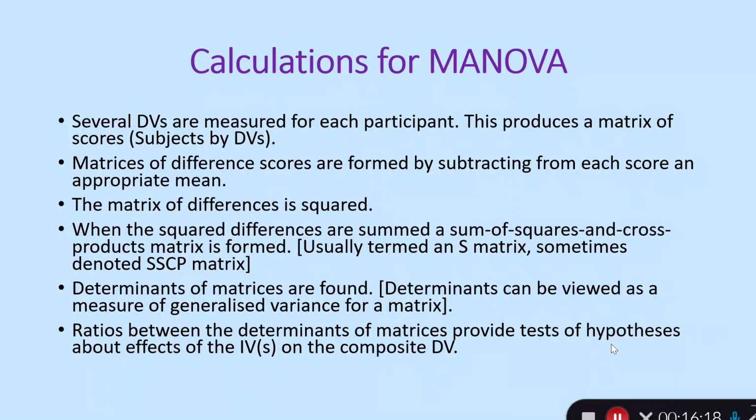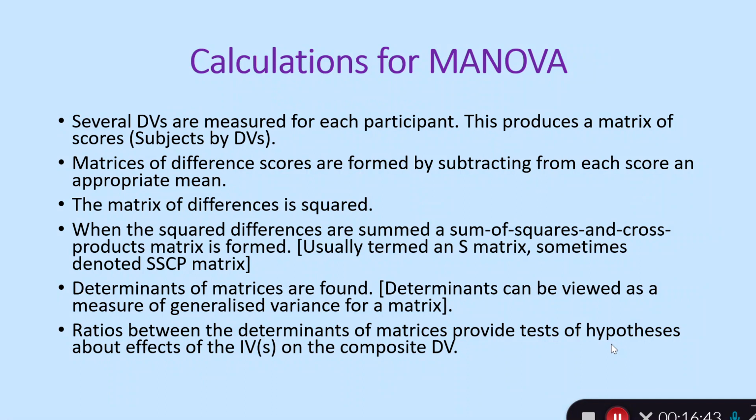This time it's a little more complex because we've got a matrix of scores. So we take each score and work out its difference from the mean, then take that matrix of differences and square it, multiplying the matrix by itself, and then sum them all together, and that gives us a sum of squares and cross products matrix.